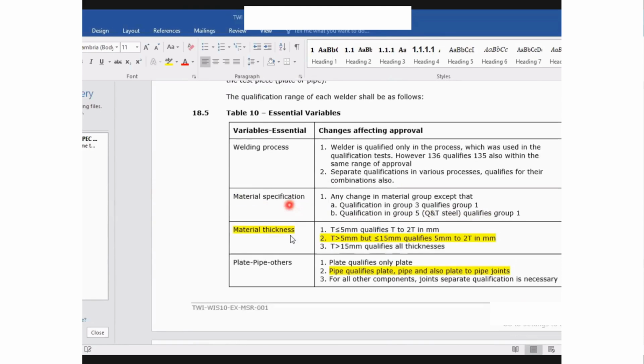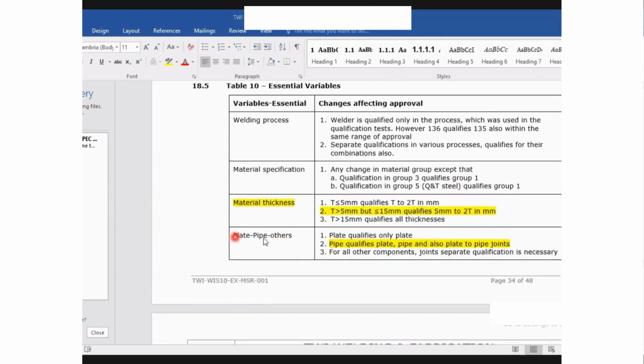What we can see here, under plate, pipe, others: plate qualifies only plate, so it does not qualify pipes. But it says here pipe qualifies plate, pipe, and also plate to pipe joint. If the welder is qualified in pipe, basically he is also qualified in plate. So that's what it says here, right?